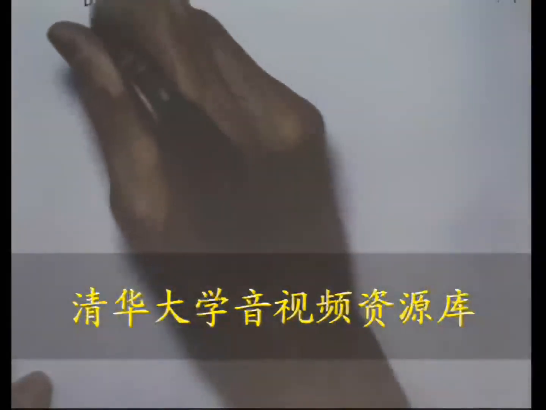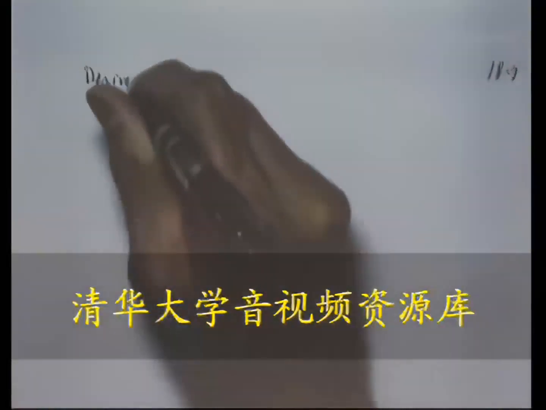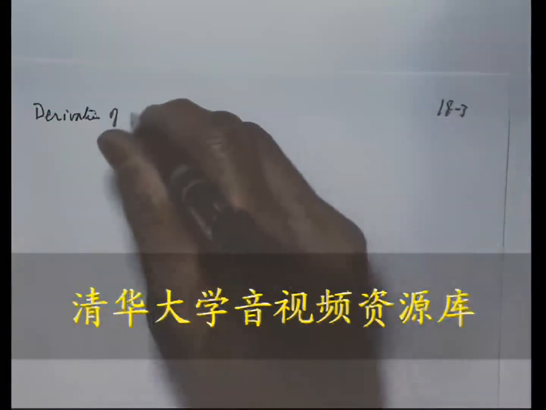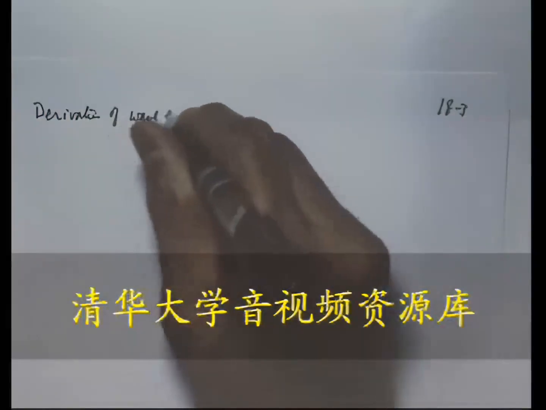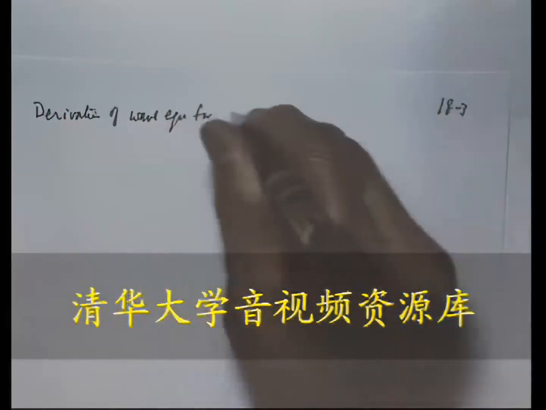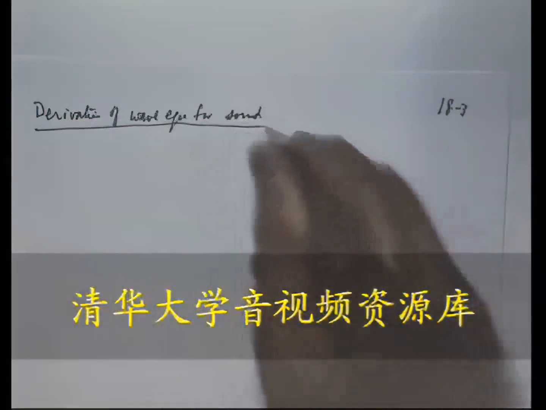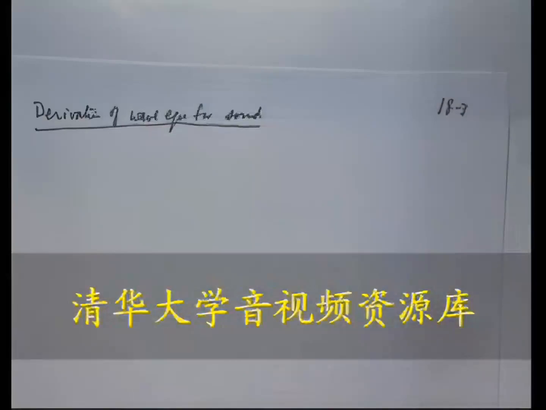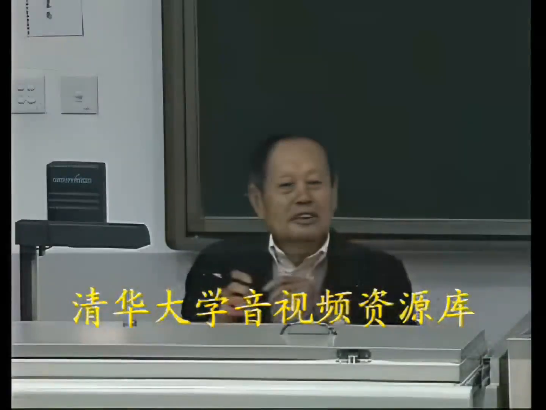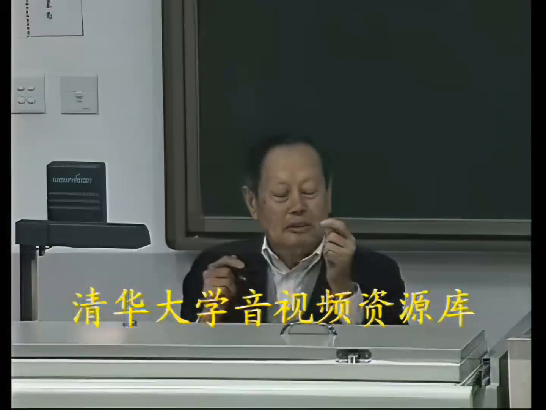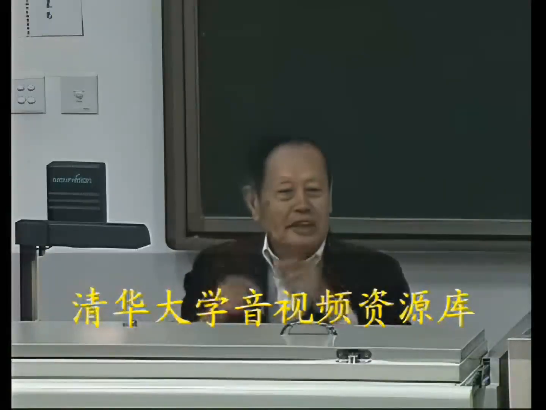So we are going to go through a derivation of a wave equation for sound. I think in high school you have all learned that the reason that there is sound is because there's longitudinal vibration of the air molecules.